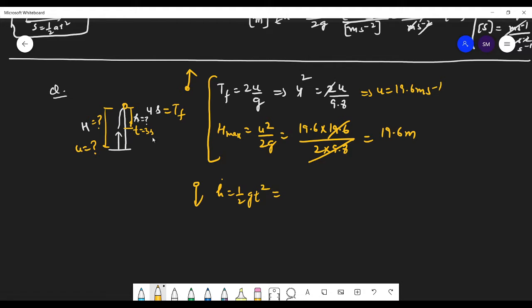So 2 seconds was the time of the flight upward and 2 seconds will be the time of the flight downward. So 2 seconds up and 1 second here, so total 3 seconds. So h is equal to half into 9.8 into 1 square. So that's 4.9 meter. So all the three we have calculated.